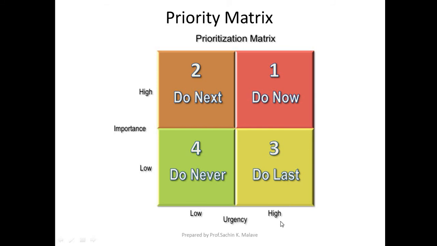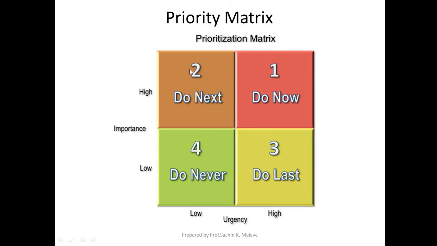It means this activity is to be done on the most urgent basis. It has to be done right now, because there is high importance as well as high urgency.